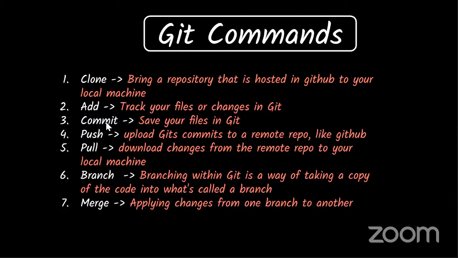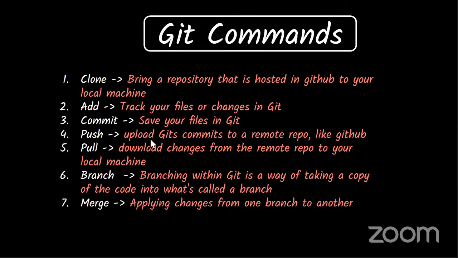Then if you want to save to Git, after allowing Git to see your file or your folder, you use git commit. After you've added your file or folder to Git and saved it, if you want to publish it, like host it on GitHub, use the command git push.